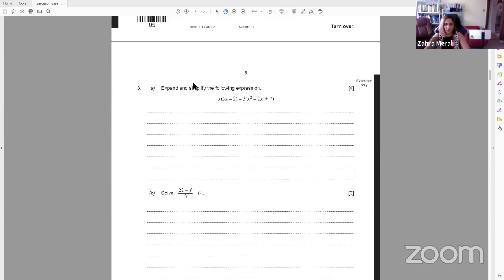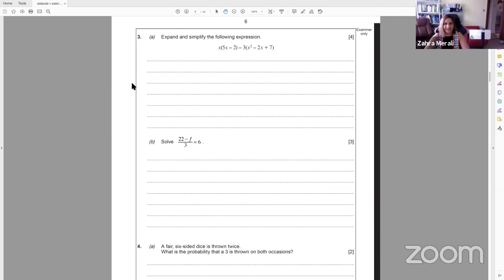Scroll that up. We've got expand and simplify. So here we are, we're going to be opening out some brackets. So we've got x, and then in a bracket, we've got 5x minus 2. So when we open that out, we get x times 5x to give us 5x squared, x times minus 2 to give us minus 2x. Now be careful with the next one.